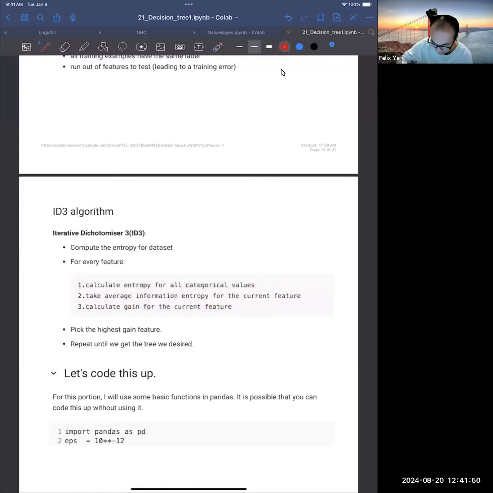So this is H of S, and this is H of S conditional on the feature F. Then the information gain is H of S minus H of S conditional on F. So this is your information gain of F. You loop through all possible features and pick the feature with the highest gain. Then you repeat until you get the tree that you wanted.